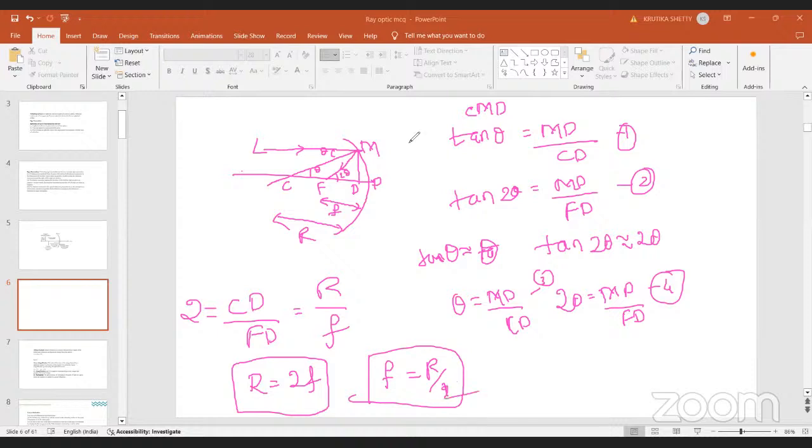Yes, if anybody is having any doubt in any of the steps, ask. Otherwise, please copy down the derivation part.